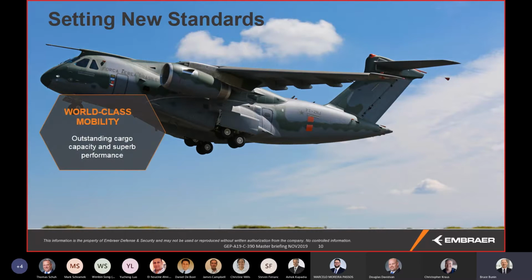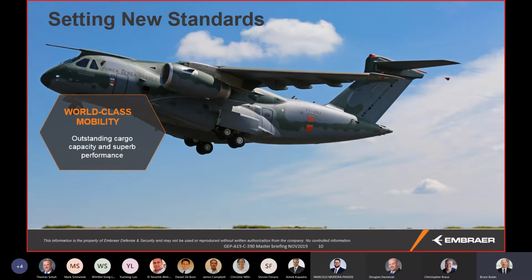But it began with the need for the Brazilian Air Force to replace their aging C-130H models. So the Brazilian Air Force has a fleet of older C-130s, and a number of years ago, after considering whether to acquire the newer Lockheed Martin C-130J or to go forward with the development of a new product, they chose the latter.